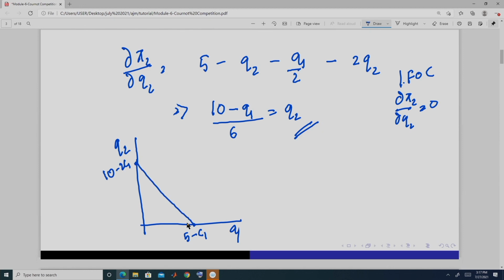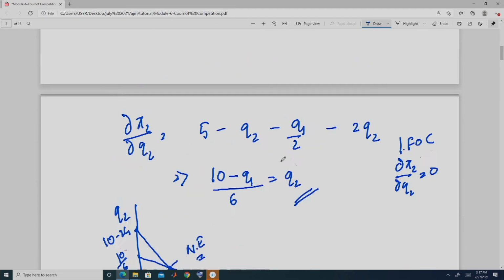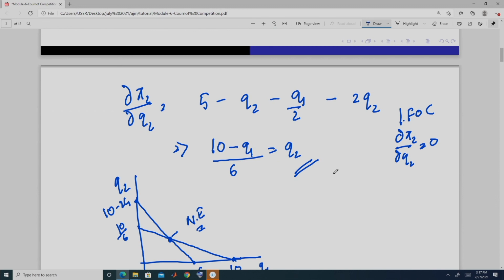It is this, and for this reaction function, this is 10 and this point is suppose 10 by 6. And these two intersect here. So, this is the Nash equilibrium, and we get it by solving these two reaction functions.